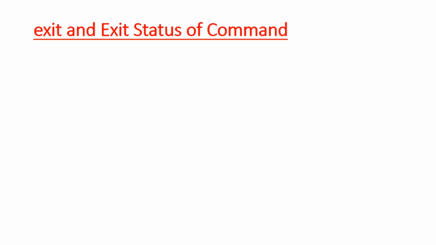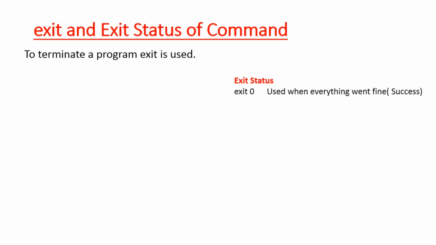Next topic, exit and exit status of a command. Here you use exit to terminate a program or a shell script. There are two exit statuses available in the Unix system. The first one is exit 0, which is used when everything went fine.